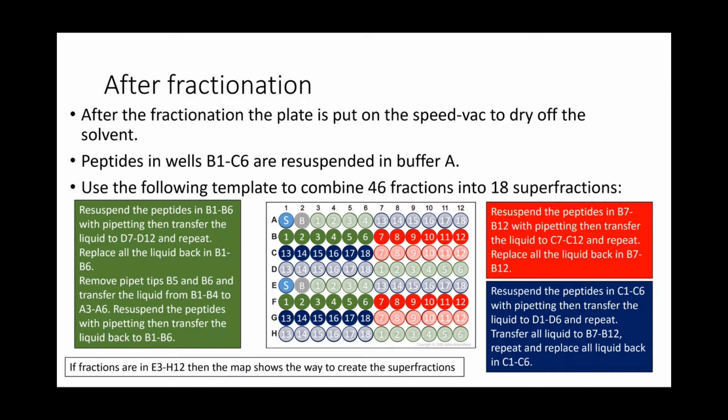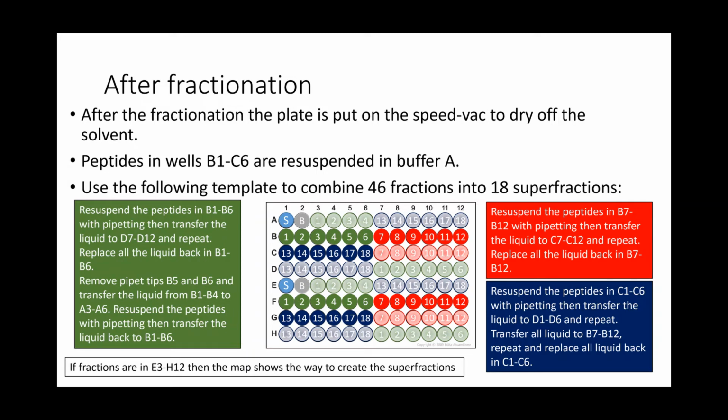So what we do is we put solvent in all of the wells in row B and half of row C. You can see on this diagram the wells that are dark, B1 through 12 and C1 through 6. Those are the 18 that we're going to put solvent back into.